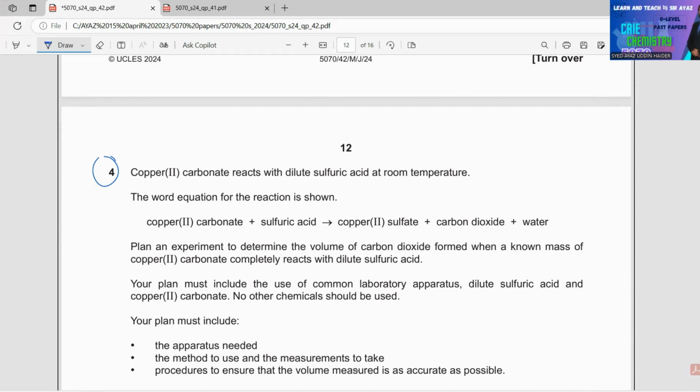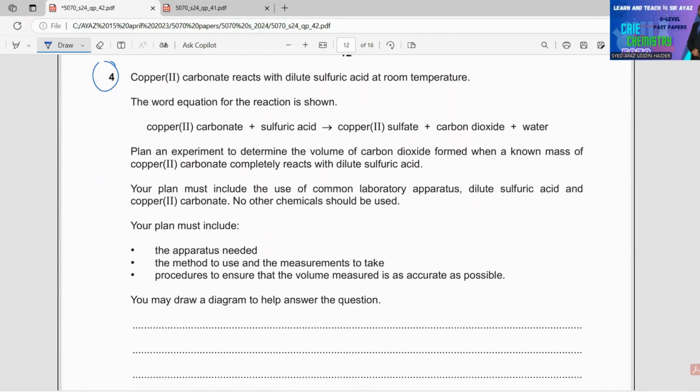Your plan must include the use of common laboratory apparatus, dilute sulfuric acid, and copper(II) carbonate. No other chemicals should be used. Your plan must include the apparatus needed, the method to use, the measurements to take, and procedures to ensure that the volume measured is as accurate as possible. You may draw a diagram to help answer the question.